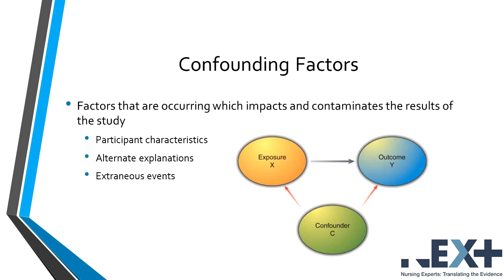Lastly, if a child is receiving the IV and hasn't slept in over 24 hours, that could be an extraneous event confounder. None of these have a direct connection to the cartoon distraction itself, but could have impacted the pain response being measured during the IV start.